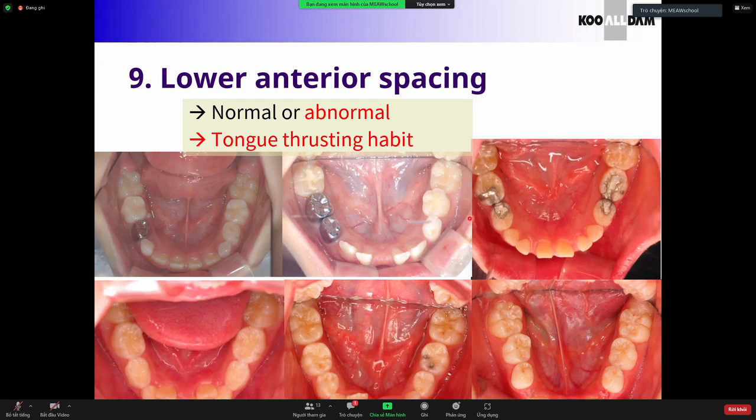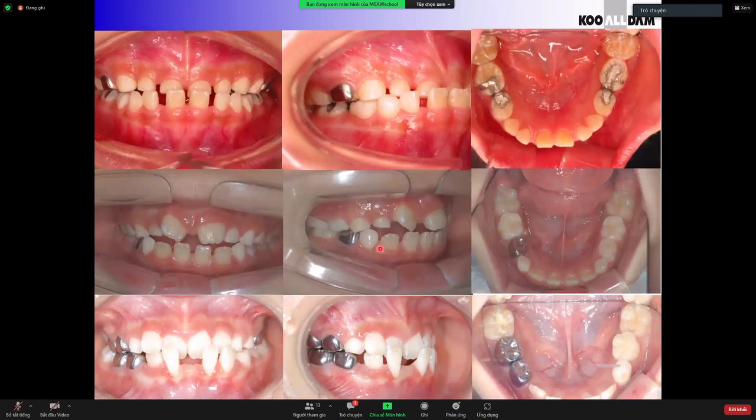If there is a space in the lower arch and the patient thrusts the tongue forward, it may worsen the class 3 malocclusion. So if there is a space in the lower arch, we should close the space. Closing the space in the lower arch is good for class 3 treatment.